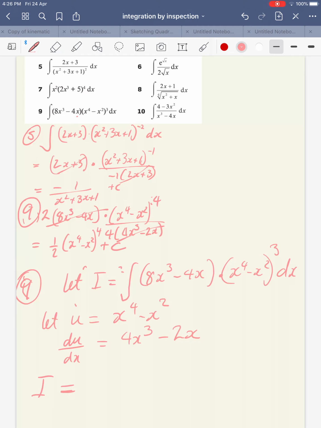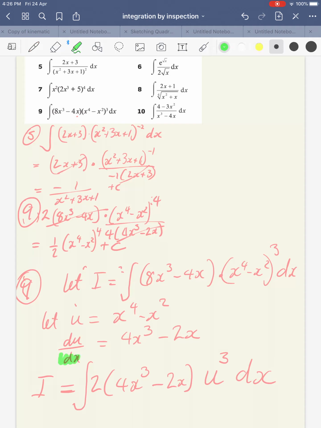Okay, so the integral of, well, 8x cubed minus 4x, I'm going to put that as 2 times (4x cubed minus 2x). Okay, that's the first bit done. The x to the 4 minus x squared is u, so that's u cubed, and then I've got dx here, okay?